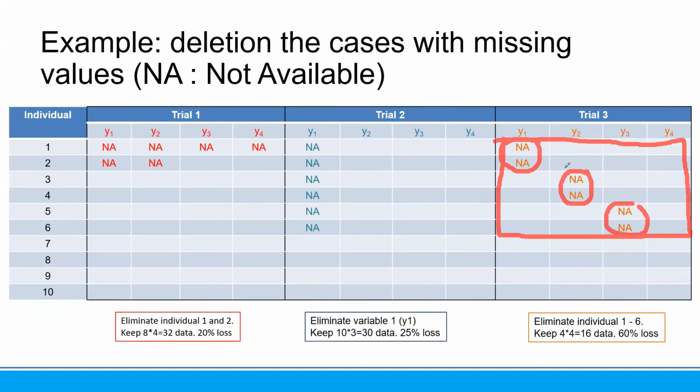Then if we delete all those, we have only 16 data. So we have 60% loss. So the mechanism, if we want to delete or remove the data, we need to make sure that the amount of missing value is small. If the amount of missing values varies like this, we have a lot of loss. If we have a lot of loss, then we cannot do a good data analysis.